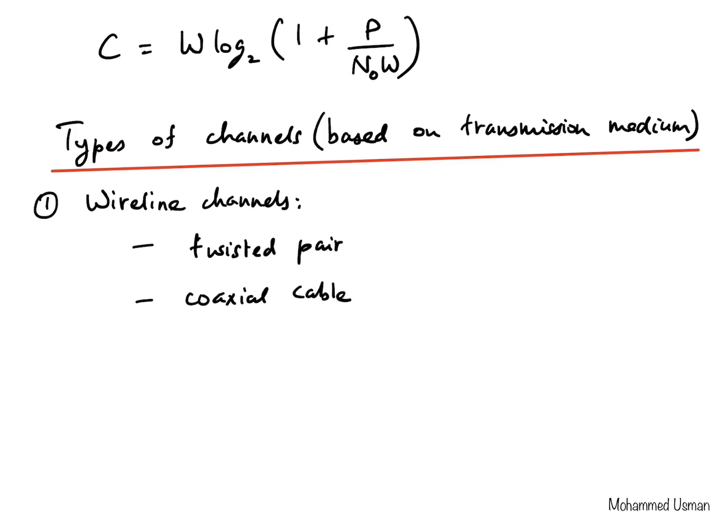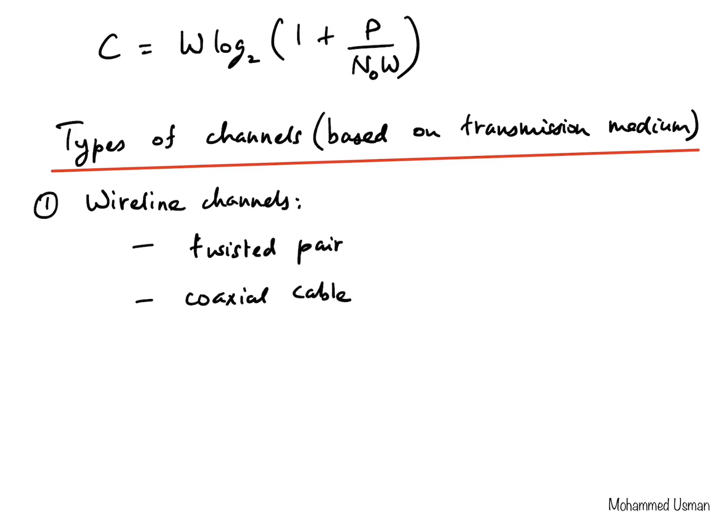So these are the two types of wired communication channels which are used quite extensively in our telephone network. Basically, these channels send electromagnetic signals by guiding them through the physical medium. Both these types of wireline channels have a relatively small bandwidth availability.